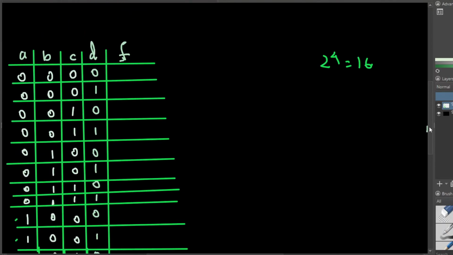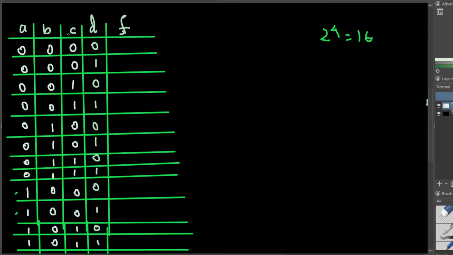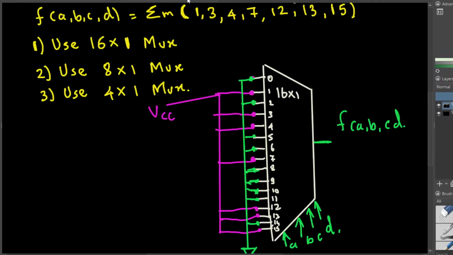Those are the values we are going to have. With 4 variables provided, these are the 16 different combinations we're going to have. And the f function given is this.